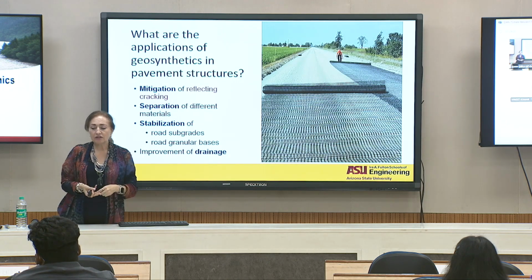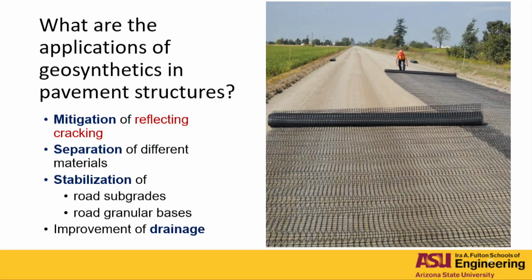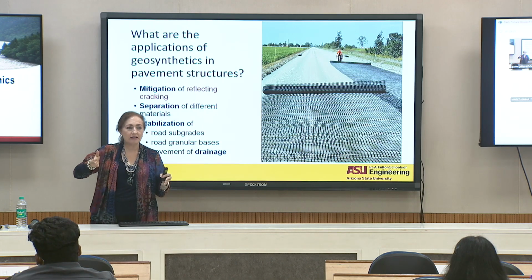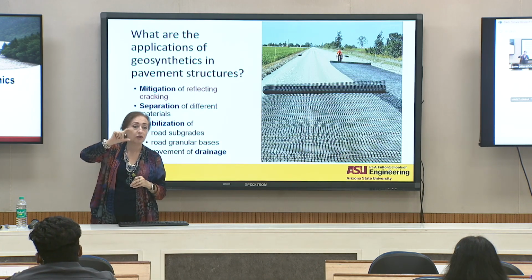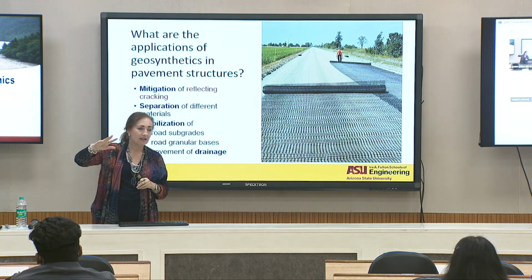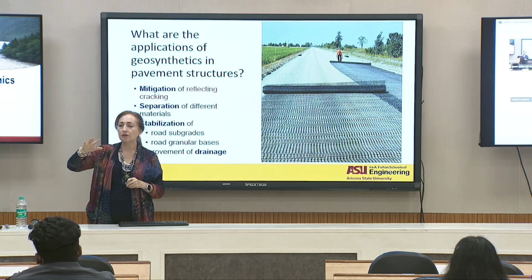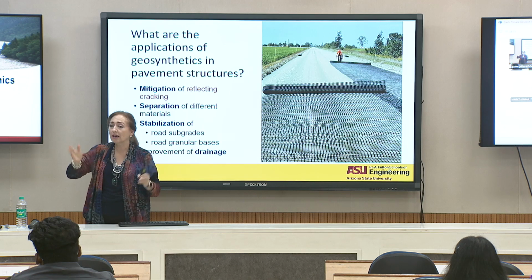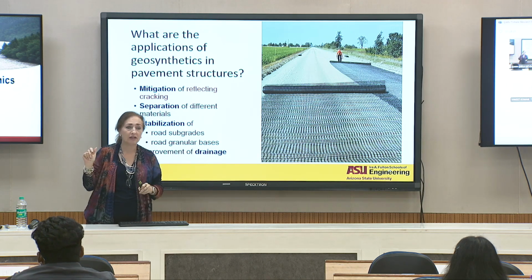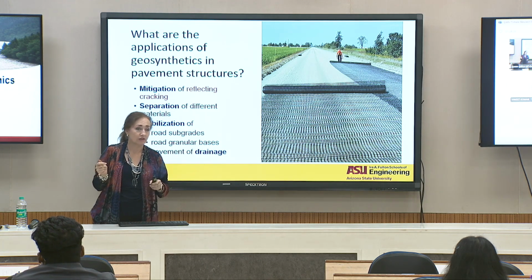So what are the applications of geosynthetics on pavement structures? Again, the first one is probably the mitigation of reflective cracking, and this is when you start putting that one between asphalt layers, okay? One of them. And basically, you just get all these cracks in there, and you just want to resurface, right, to eliminate those cracks. Well, even if you resurface with nothing, probably what you're going to get is the reflective cracking showing up again in a couple of years, right?